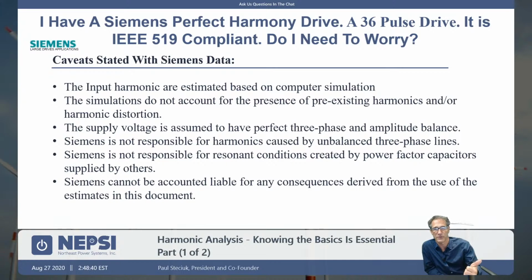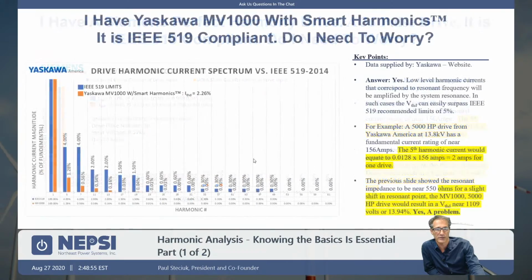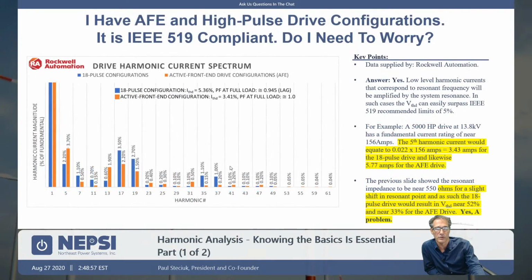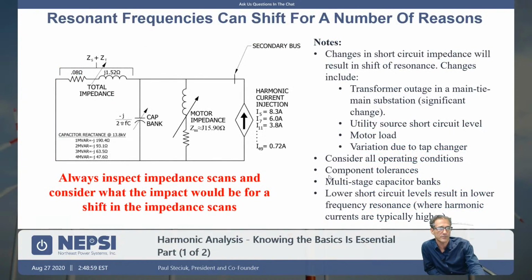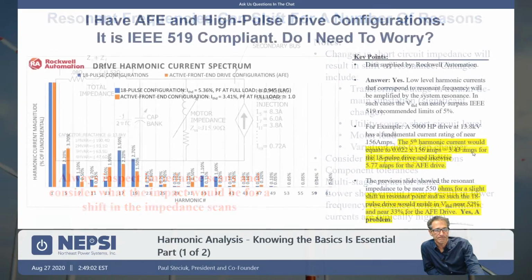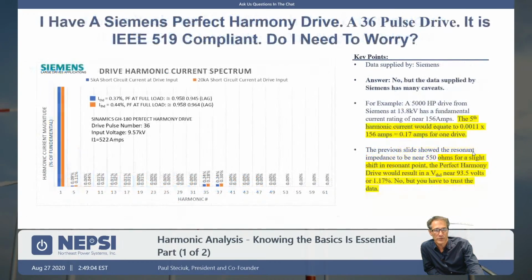If I have imbalances in the system, that can create additional current distortion. If I have ambient voltage distortion, you can have additional current distortion. So again, you still have to be careful, even when you're purchasing these very high-end drives, about what might happen. Let me move on.